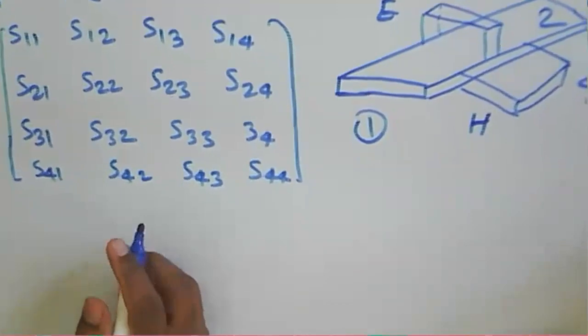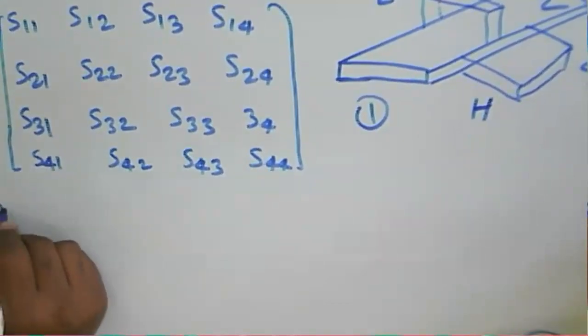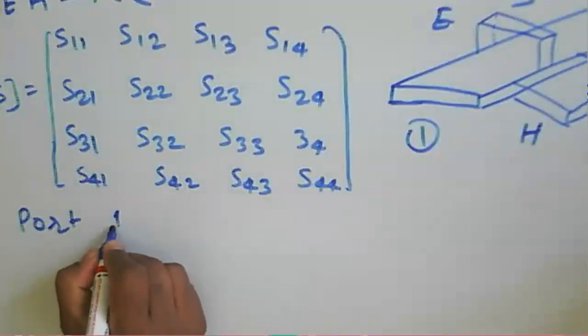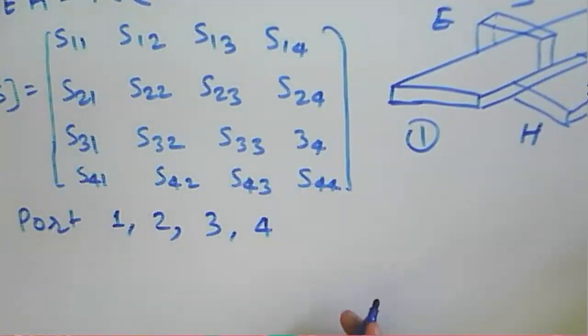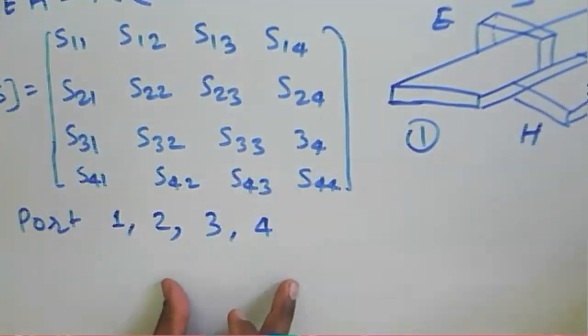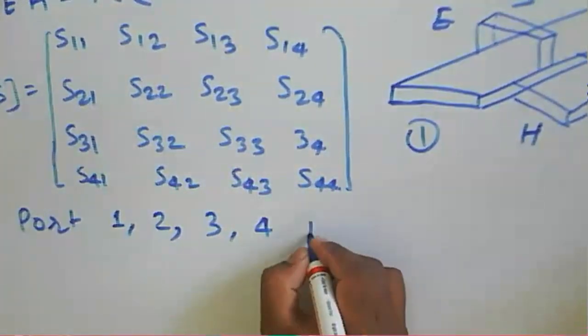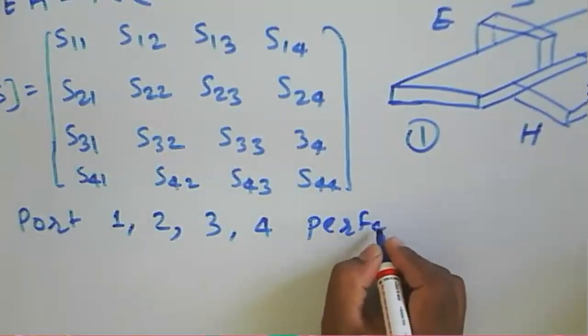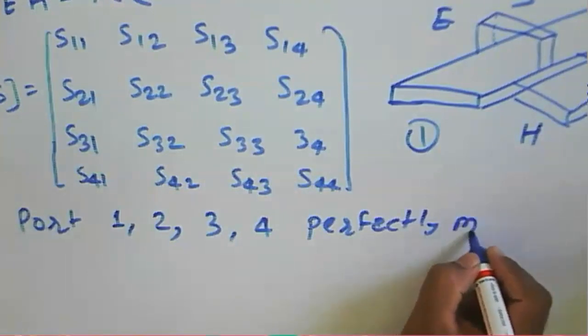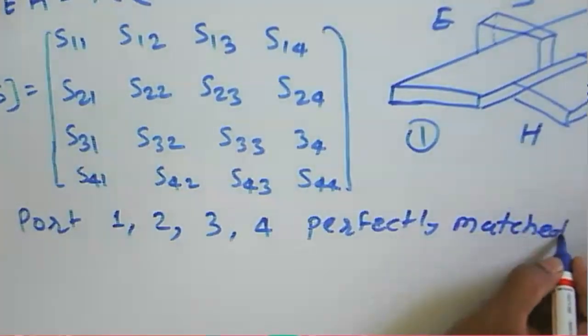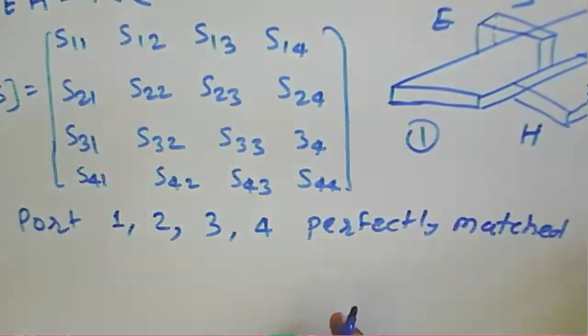Now, whatever ports we consider, port 1, port 2, port 3, and port 4, all these ports are perfectly matched to the junction.